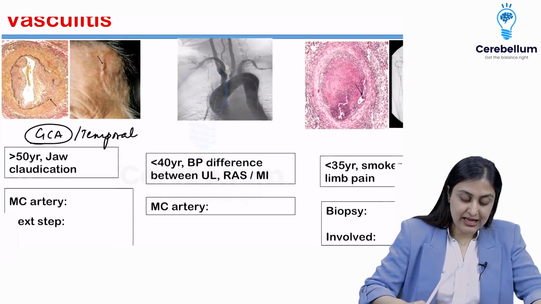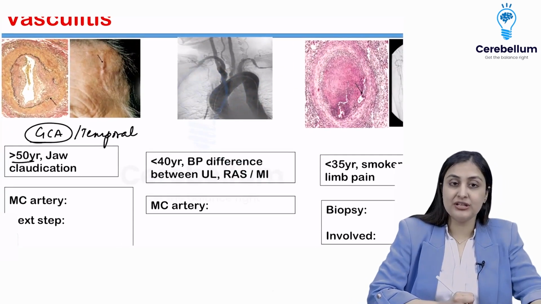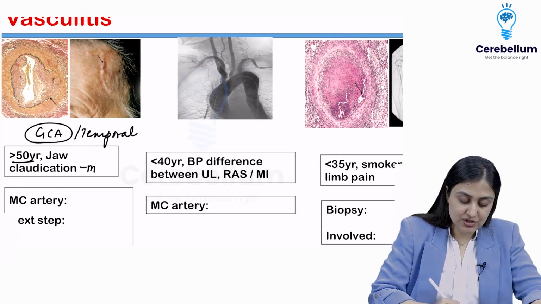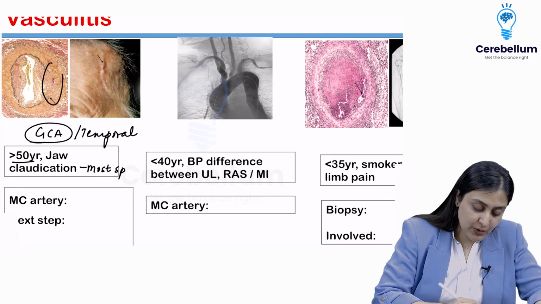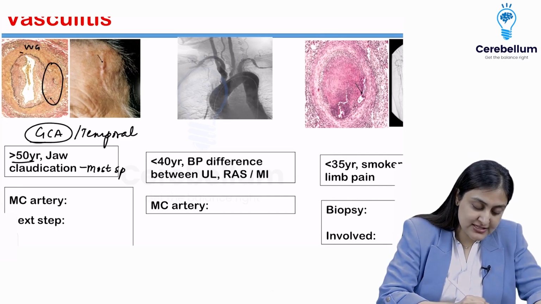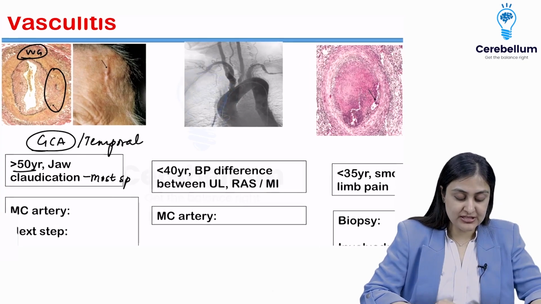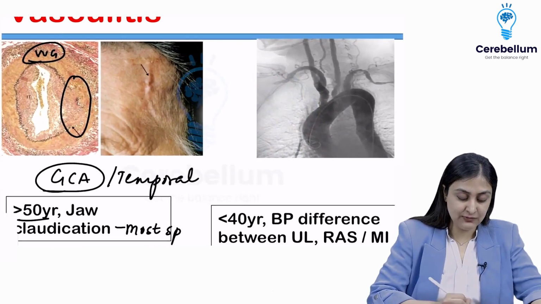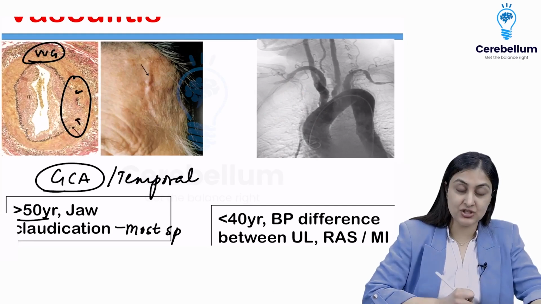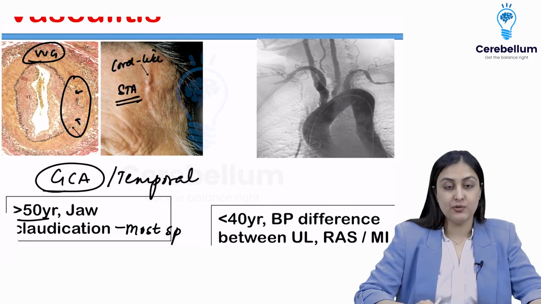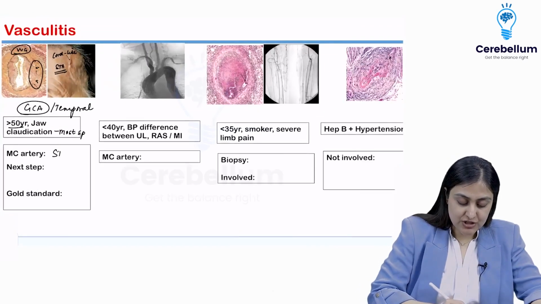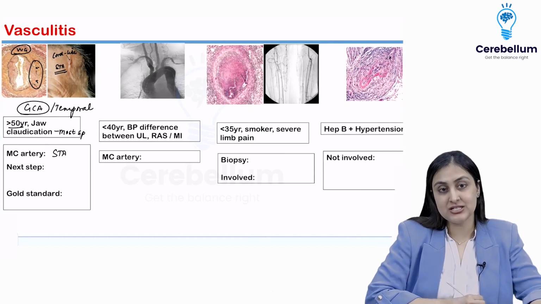So what you're going to have is an elderly patient more than 50 years with jaw claudication, which is the most specific symptom here. What you will see on this image is a VVG stain, Verhoeff-Van Gieson, which is an elastic stain which shows you this degradation. You also see this cord-like thickening of the superficial temporal artery, which is the most common artery to be involved in giant cell arteritis.